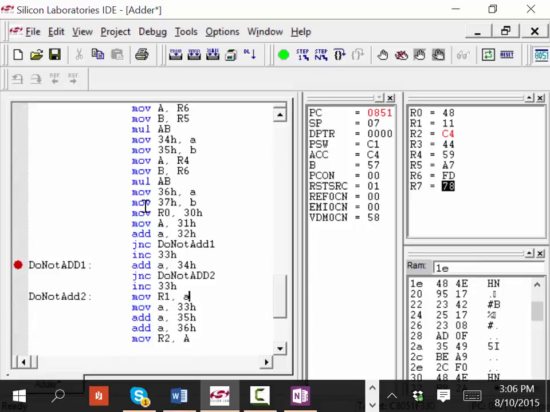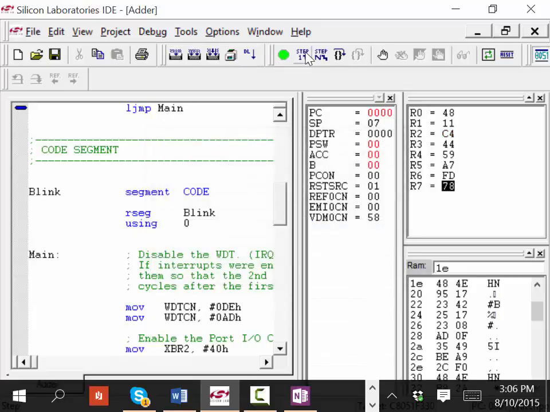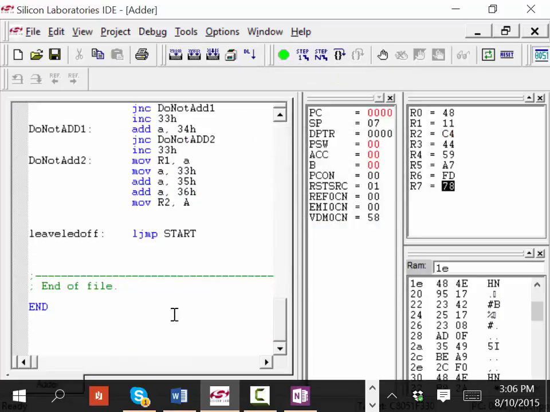Now we're going to do the same thing here, and I'm just going to be looking for a carry out right there. Let me make sure I didn't break it here. And we're left with C4, 11, and 48.